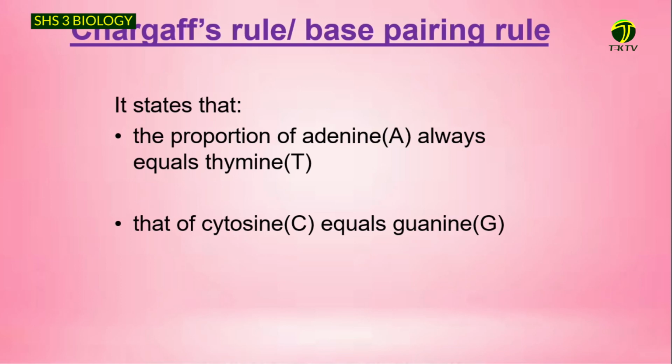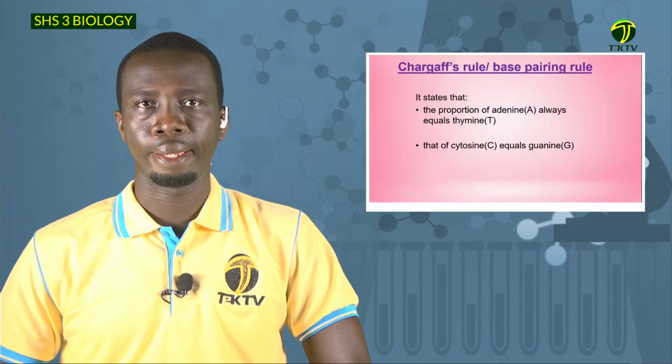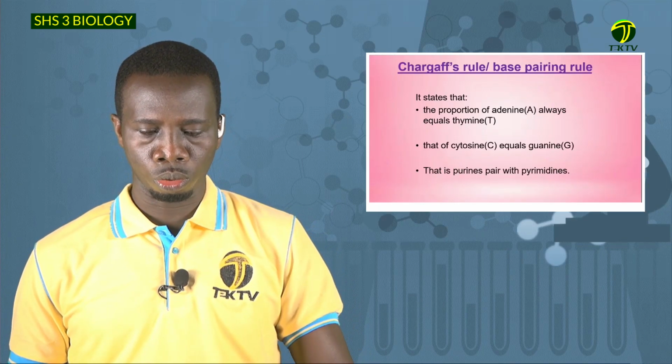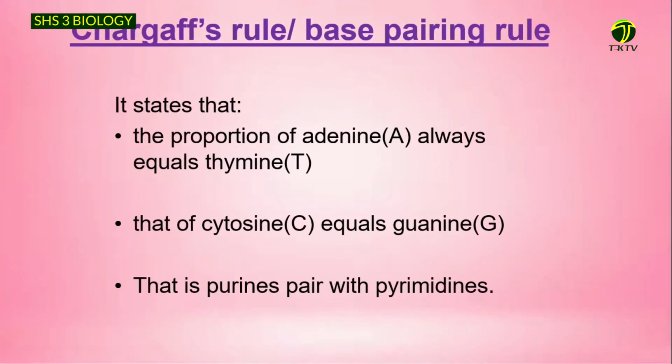Then cytosine will also pair with guanine. No two purines can pair from the rule or from the base pairing law. No two pyrimidines can also pair. So basically, purines will pair with pyrimidines. Then specifically, adenine will pair with thymine. Cytosine will pair with guanine.